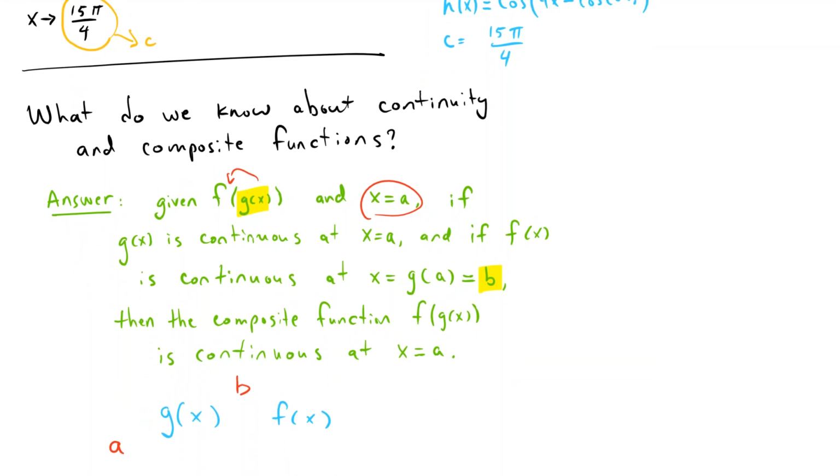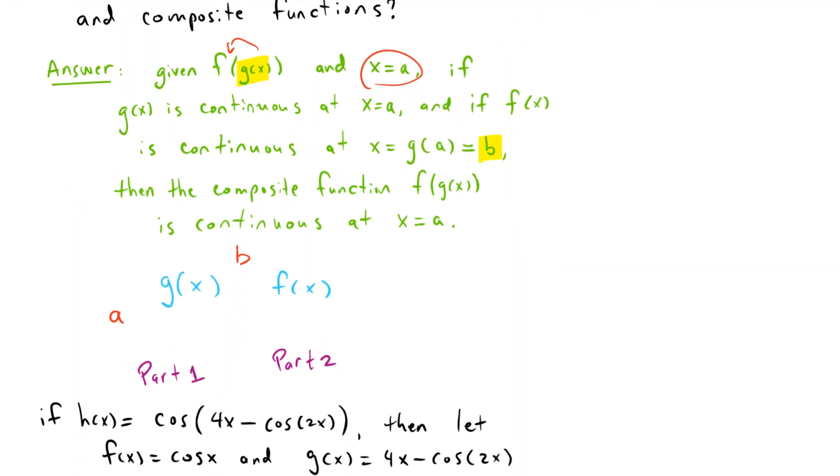So let's look at this a little bit. Again, we have a, which gets put into g as the input. Then we have something that comes out of g, and we're going to call that b. And that b is then put into f, the outside function, as the input. So there are two parts here.